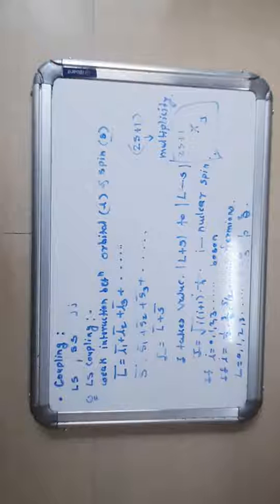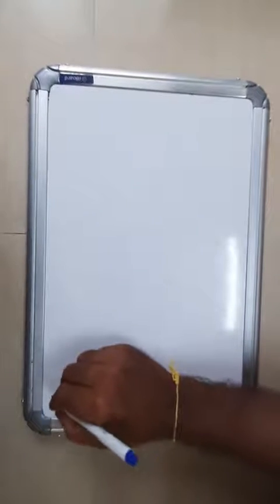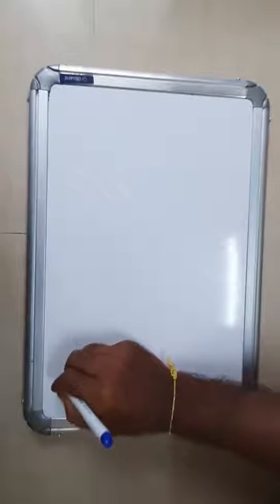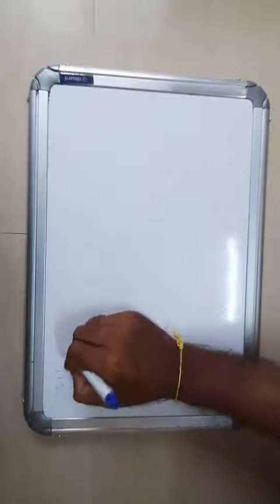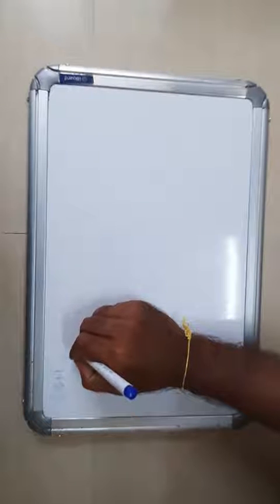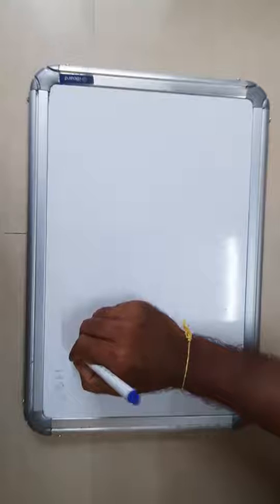X is the notation of the level corresponding to the value of L. Must remember this. We briefly discuss this. Here we discuss some examples. This is the notation 2S plus 1, X, and J, right? Okay.